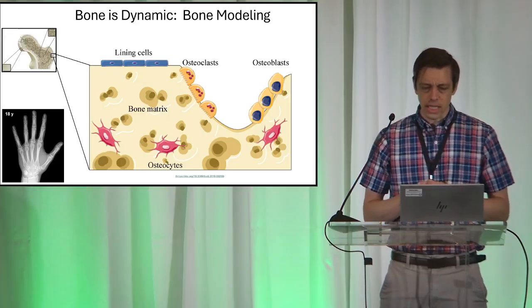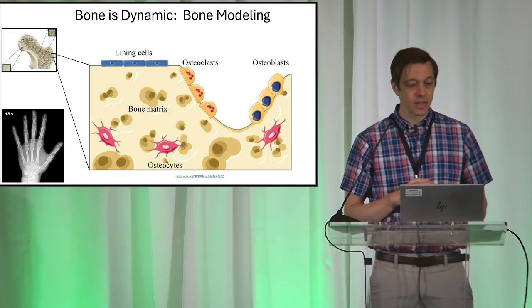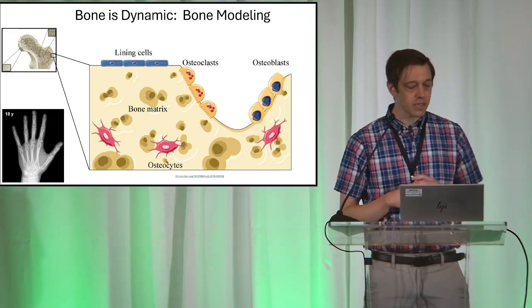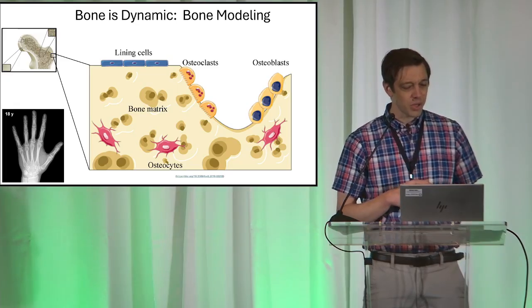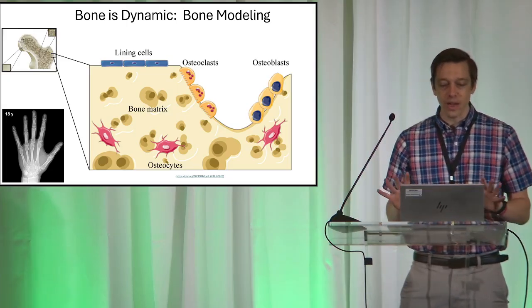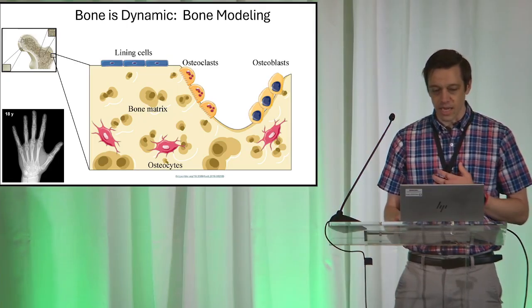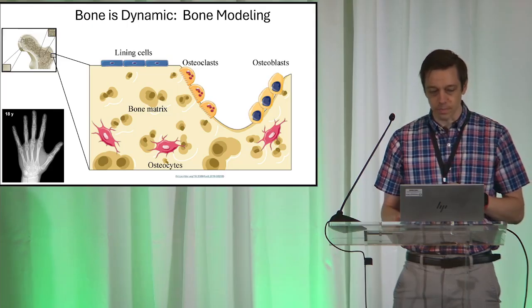In addition to that, within the bone matrix, we have osteocytes, the red-pink cells, and they're sort of like the hermit gardeners, so to speak. They're out there, spread out, maintaining the bone matrix and providing sources of support as needed.